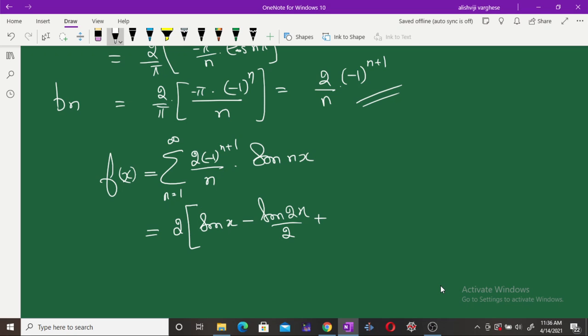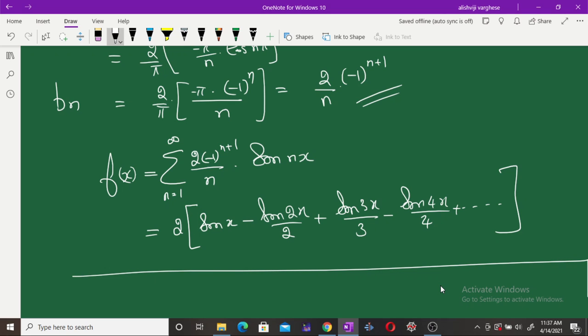Then the third term is positive, and that term is sine 3x by 3. Then minus sine 4x by 4, then plus etcetera. This will be the Fourier series representation of the function f of x is equal to x inside the interval minus pi to plus pi. So that's a simple example by which we illustrate the process by which we calculate the Fourier series representation of a periodic function.